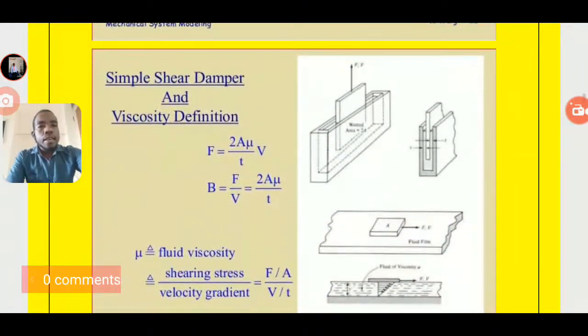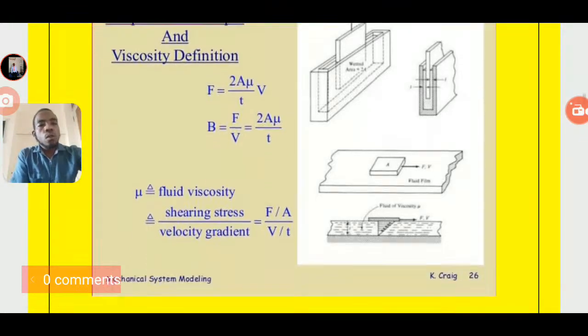So here we can see the simple shear damper and the viscosity definition. When we see the formula for this, F is equal to A mu by t into V. Here b is equal to F by V, which is A mu over t.